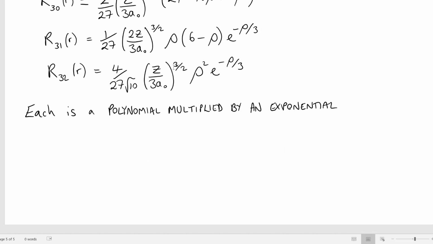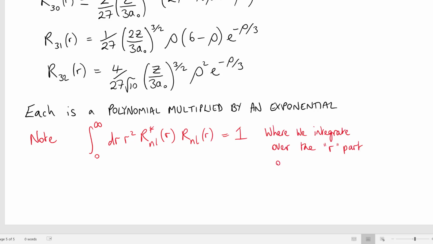And finally, we can note the normalization condition where we integrate over the r part of the spherical coordinate volume.